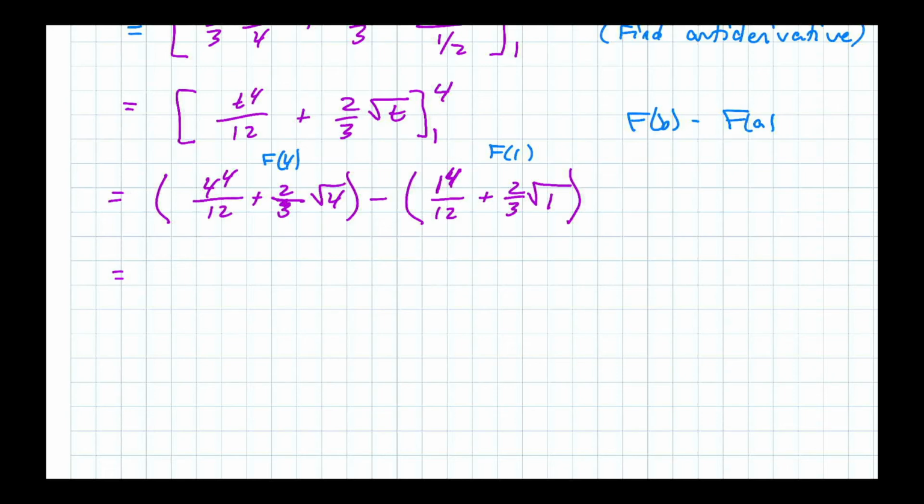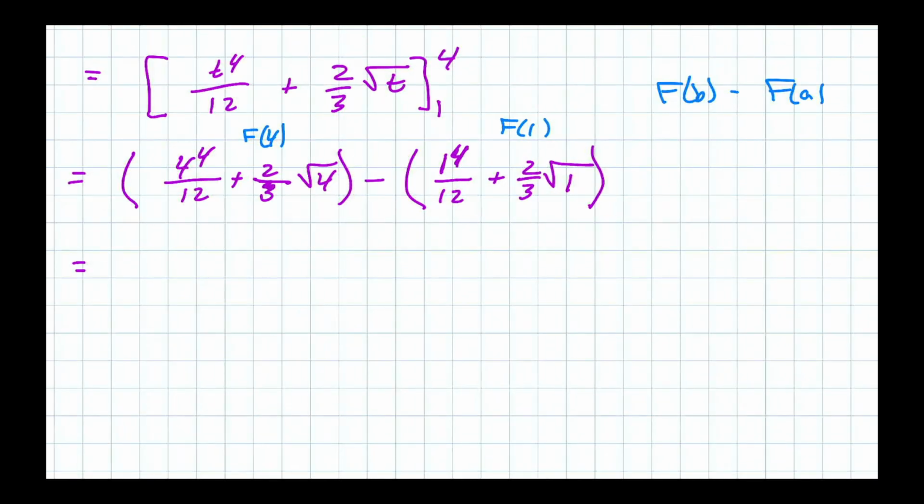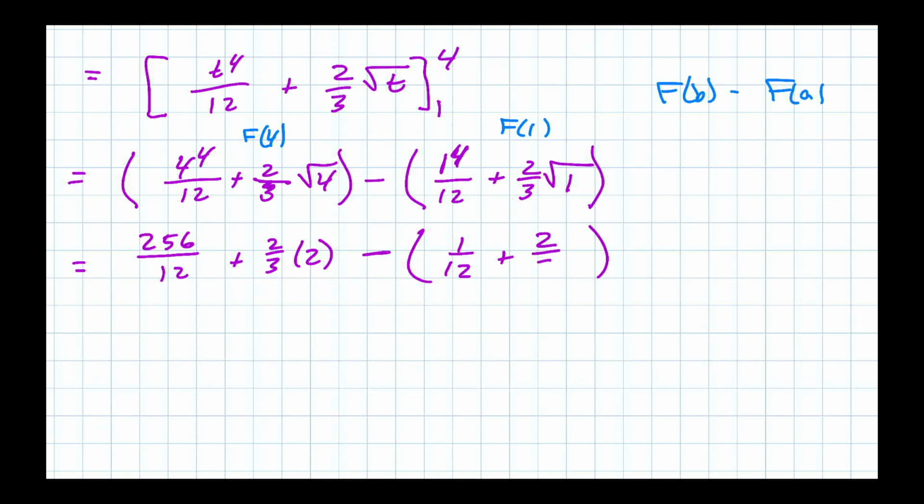Yeah, 256. So this comes up 256 over 12 plus 2/3 times 2, because I'm doing the square root there. Be careful with your minuses. This minus is on this whole thing. So minus 1 over 12 plus 2/3 times the square root of 1, which is 1.